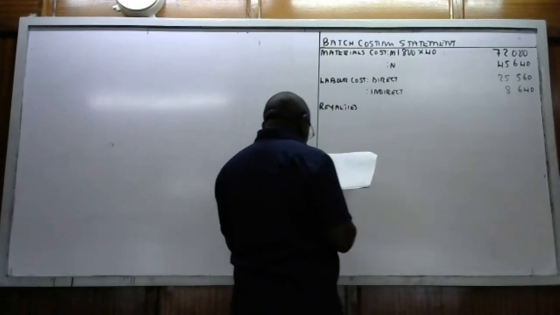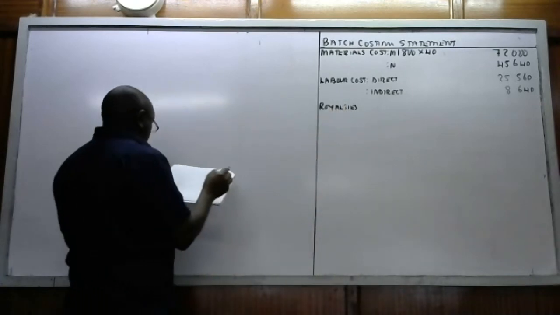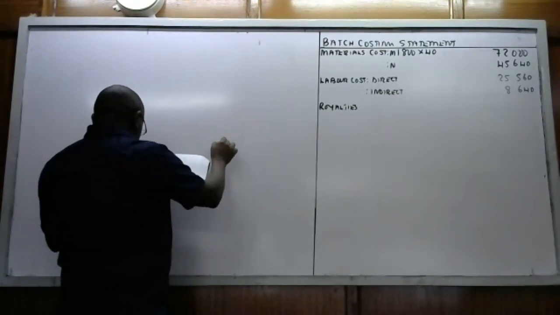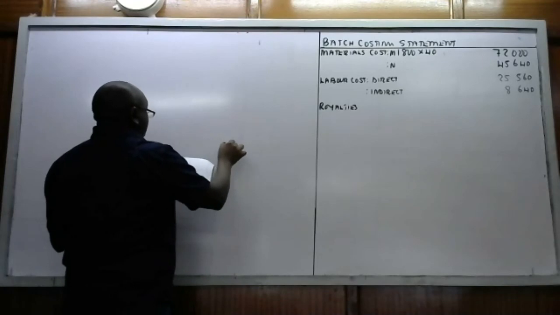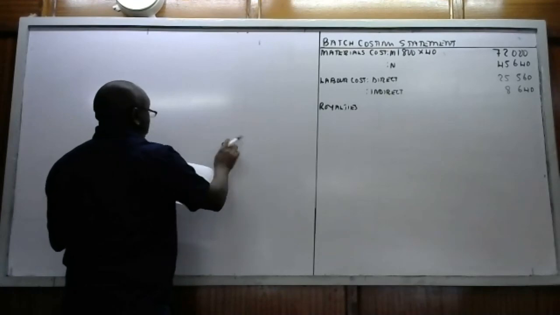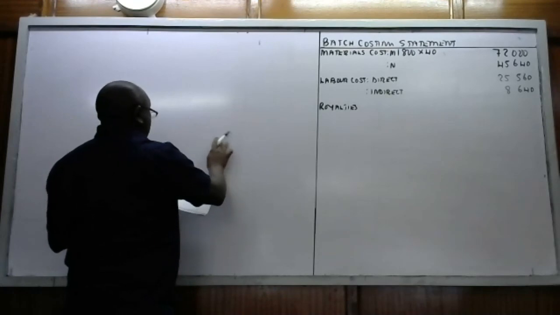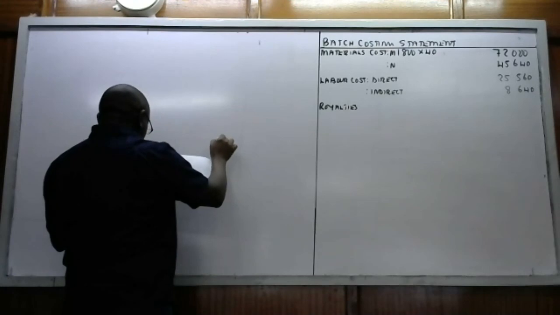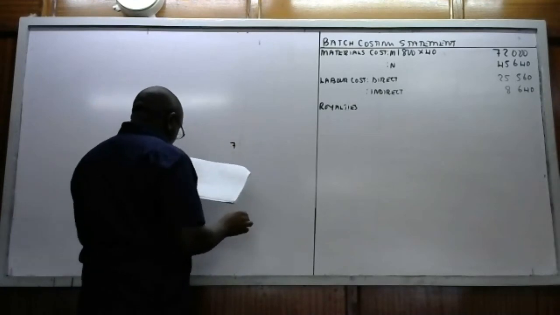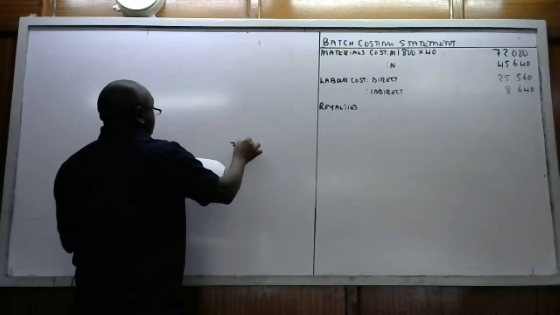So we need to know how many batches were produced. The production should be, the opening is 800. So we should begin by saying sales. Sales is 7,400.